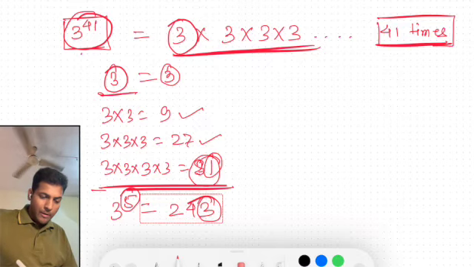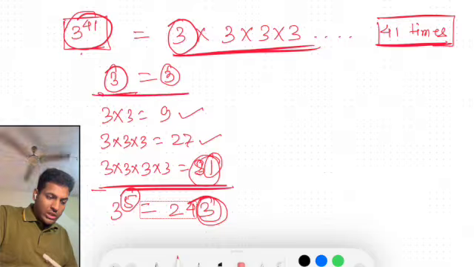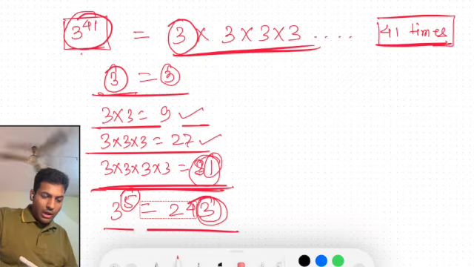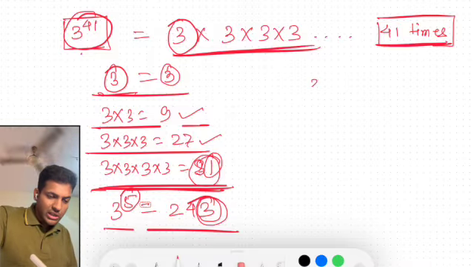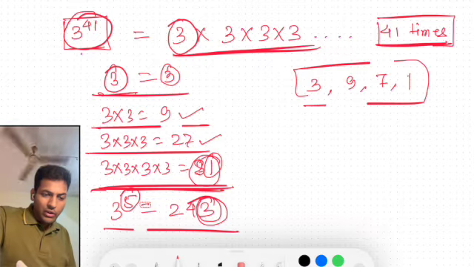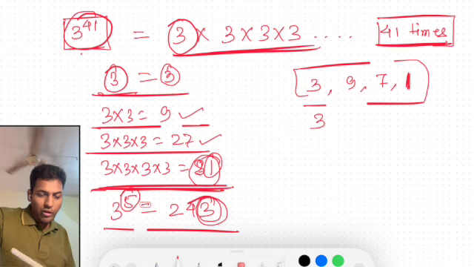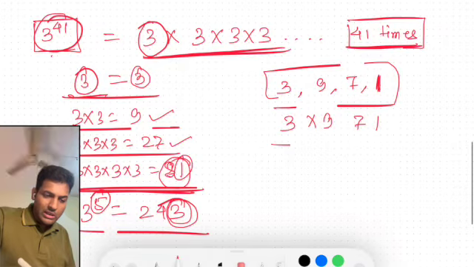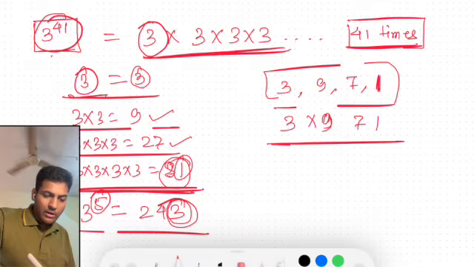What does that mean? That means the unit digit in the powers of 3 is repeating after 4. So initially it is 3, then 9, then 7, then 1. Now if you multiply 1 with 3, obviously it will again be 3, and multiplying 3 with 3 will be 9, then 7. So this pattern will keep repeating: 3, 9, 7, 1.